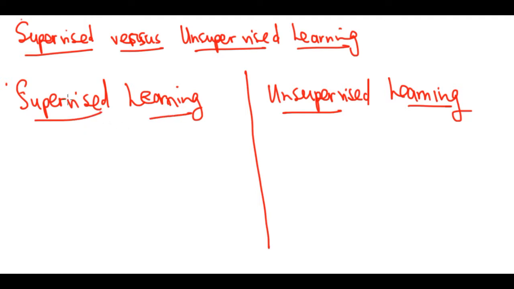For supervised learning, each observation of the predictor measurements xi, i equal to 1 up to n, we have n observations, has an associated response yi.